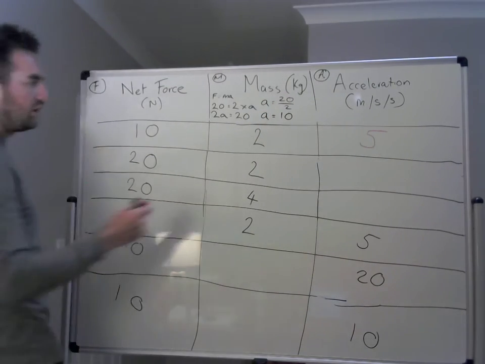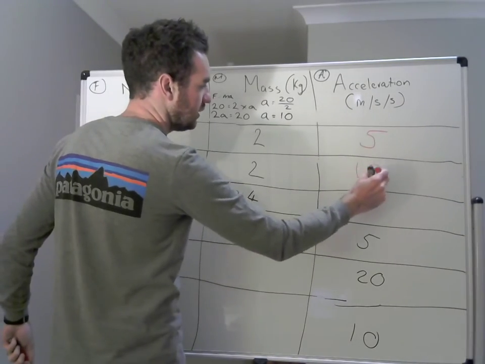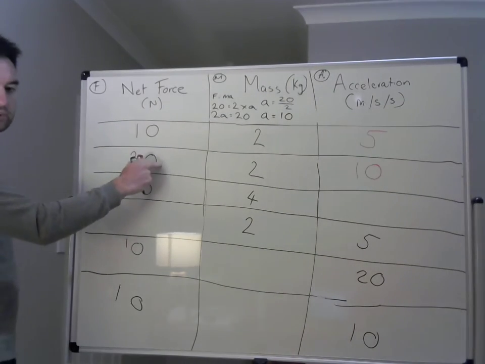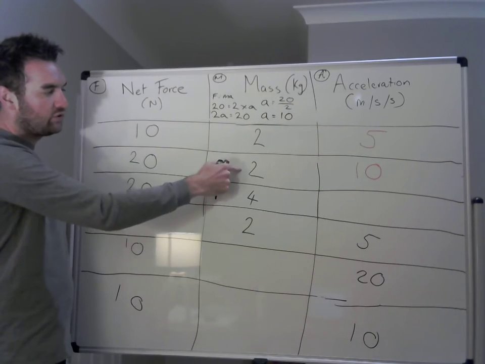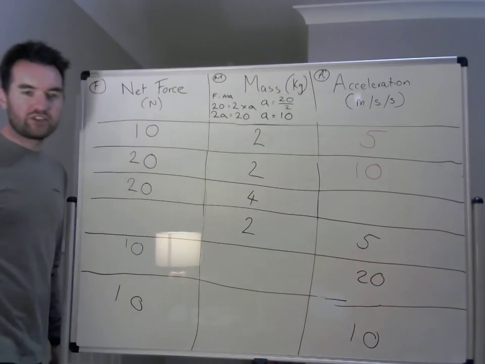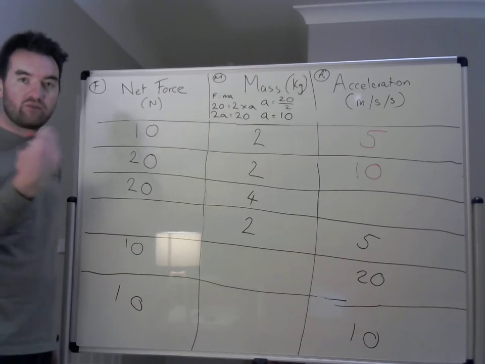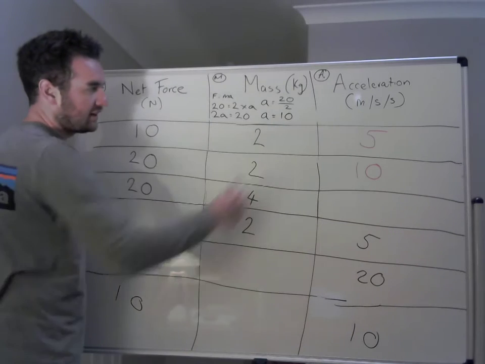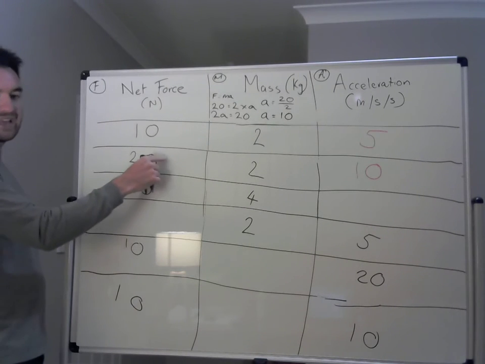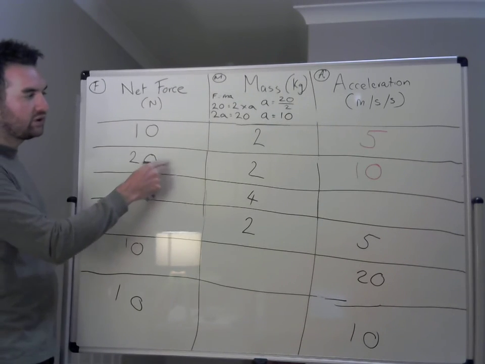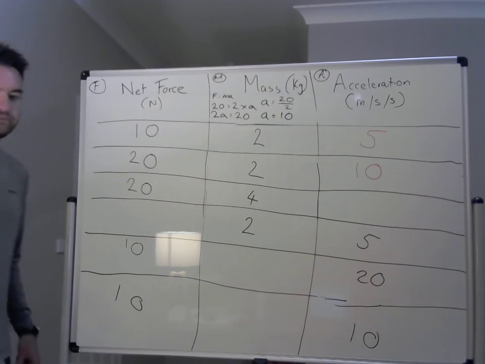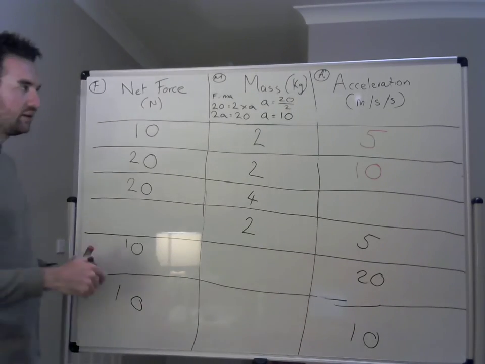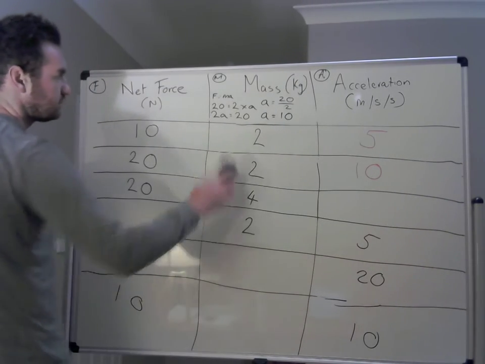And look what we have here. When we apply double the force on an object of 2, we double the acceleration because it's proportionately related. So that makes sense. We apply double the force on something that's 2, and we get double the acceleration. Nice one.